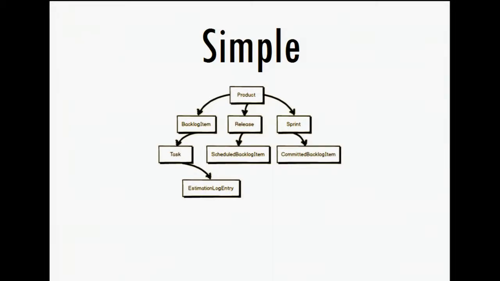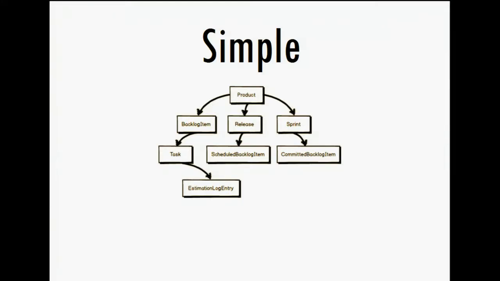So as you work on each task on a daily basis or weekly basis, you're able to basically estimate how many hours you have remaining and any other helpful information about the estimation of the task.